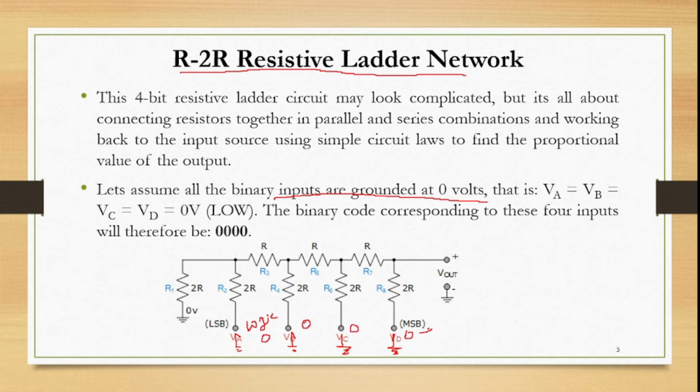Keep in mind the MSB is very close to the output and the LSB is at the end. Whatever the bit size, the MSB is always at the output side while the LSB is at the far end.